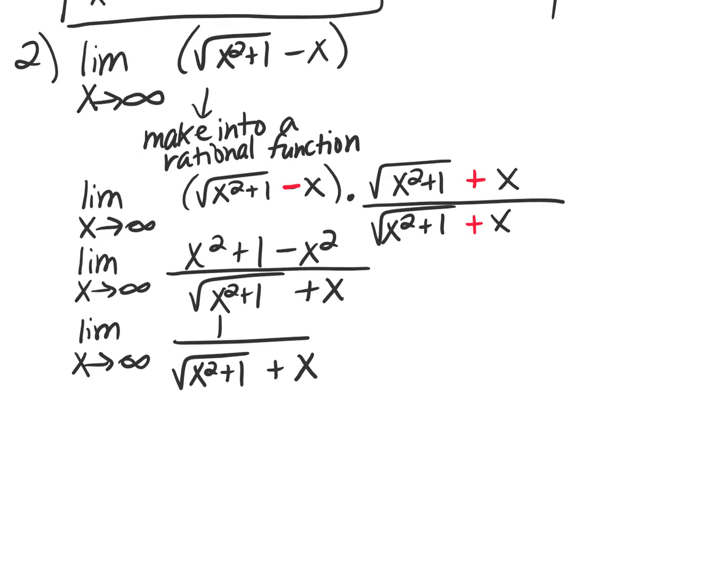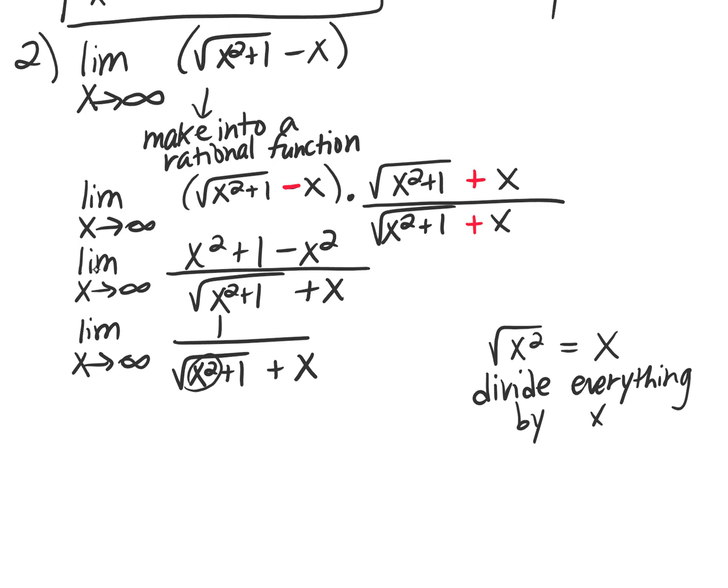Now here's where it gets a little tricky if it didn't feel tricky already. We want to divide out the highest exponent. If you notice, inside here, the square root of x squared would also be equivalent to x. So we're technically going to divide everything by x. Which means inside the radical, we'll divide by x squared, because that's what's equivalent up here.